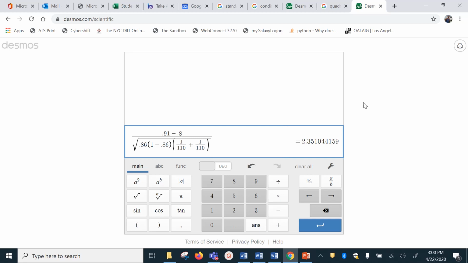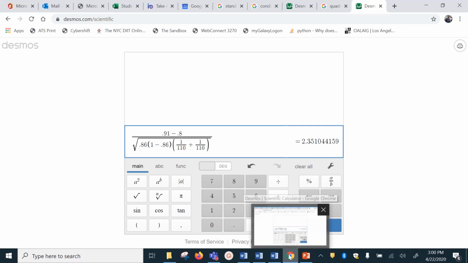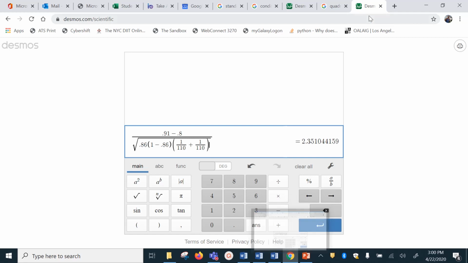All right, so 2.35, that's pretty good. So now we're going to put it into our calculator.